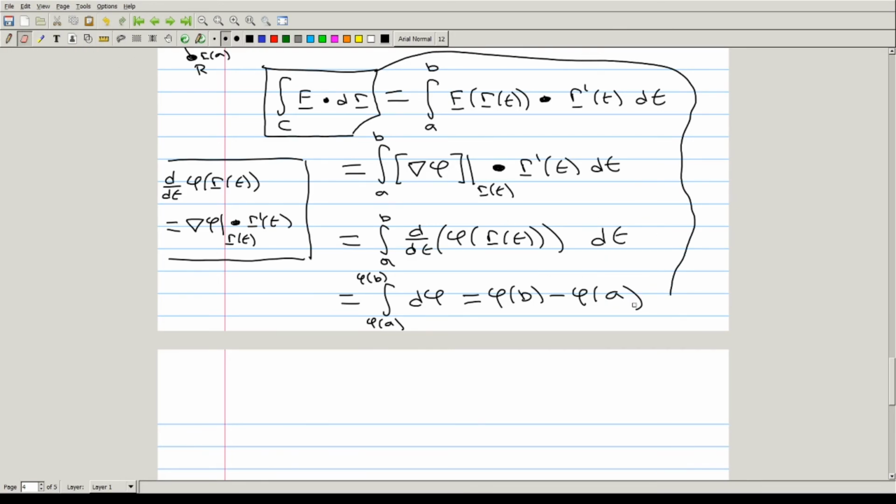And to be exact here, I put phi of B, phi of A, but we really want to note this as phi of R of B minus phi of R of A, which is just saying the value of the potential function at the point Q, which is the endpoint of the curve, minus the potential function at the point R. But this is really nice because it's essentially giving us this path independence.